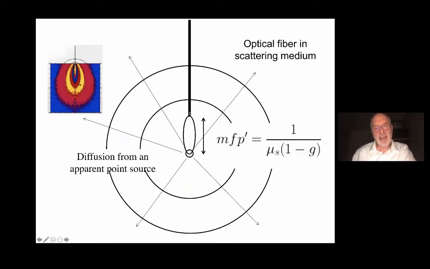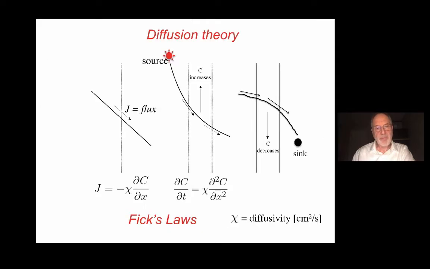When we deliver light by a narrow beam or by an optical fiber, the light is thrown forward one transport mean-free path, and then light diffuses down concentration gradients. We could use classic diffusion theory to discuss the diffusion of light.